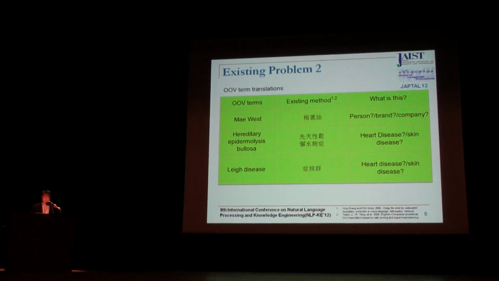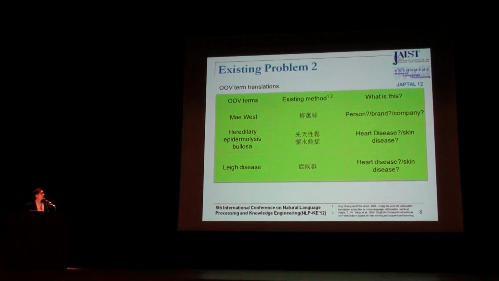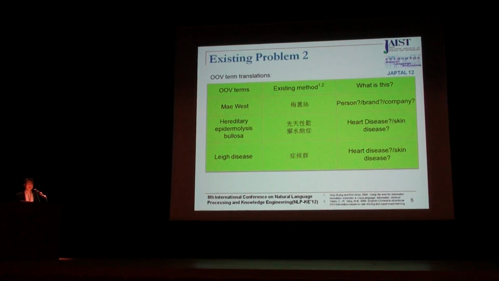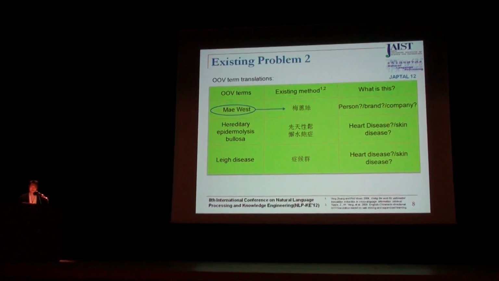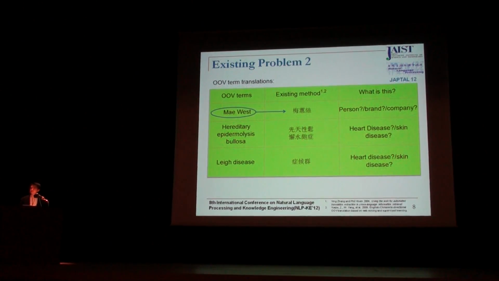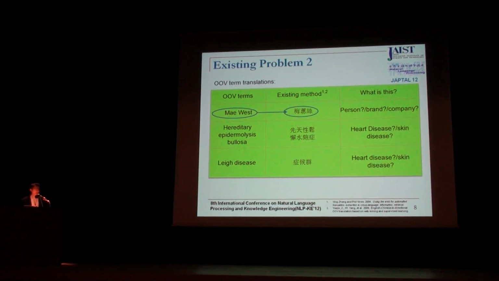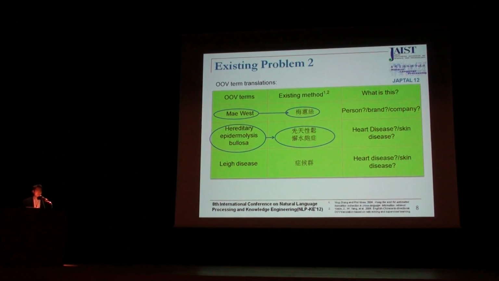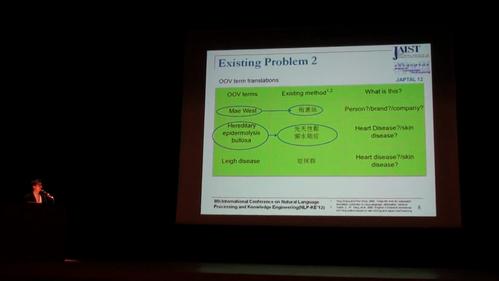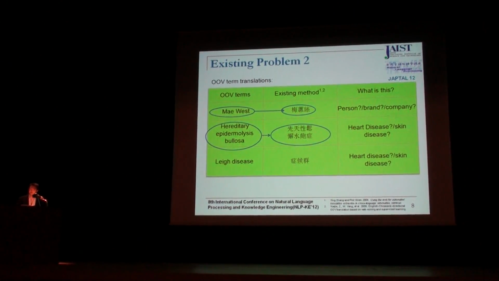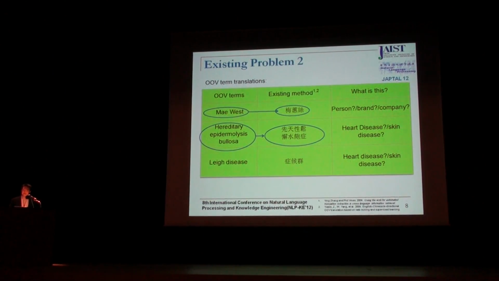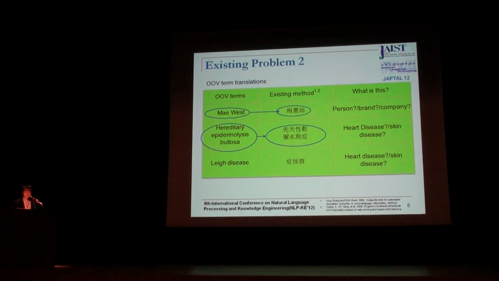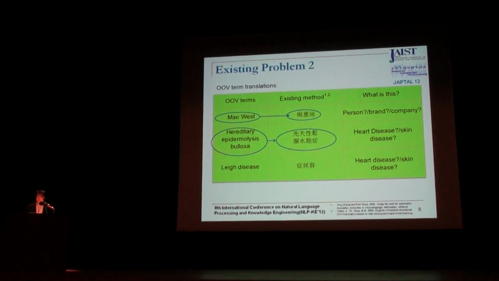So, existing problem two. We took three OOV terms here, and we're still using the existing system to generate the translation. And we can see that for the first two, the translations are correct. However, it does not provide any idea or meaning of what My Waist is: is it a person, a brand, or a company?